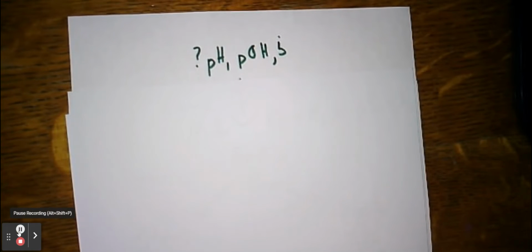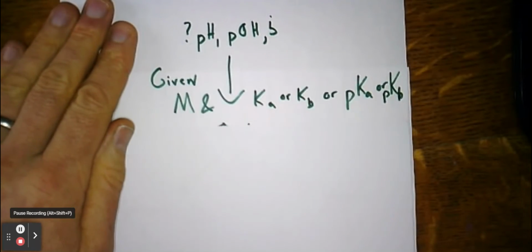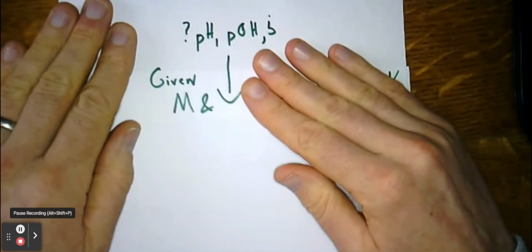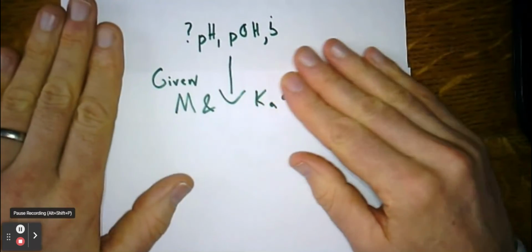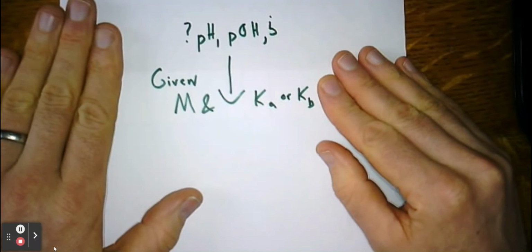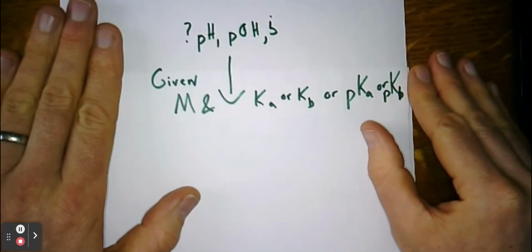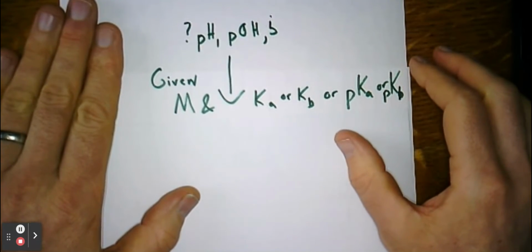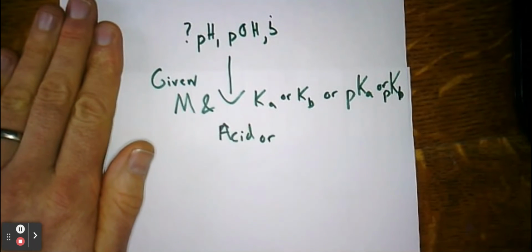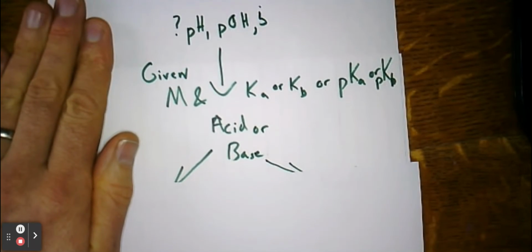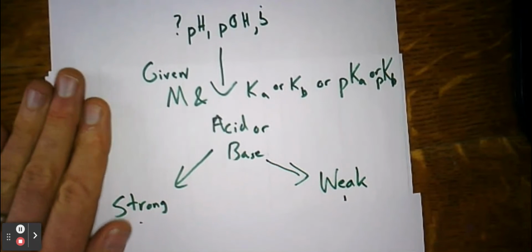I made a little flow table or diagram. I'm obsessed with these things. Anyways, you want to know your pH or your pOH of a solution. This is for weak acids and bases, and you're given a bunch of things. You're going to be given the molarity, and your Ka or your Kb, your acid ionization constant or your base ionization constant, or you might be given your pKa or pKb values. Now, there are two separate ways to do this.